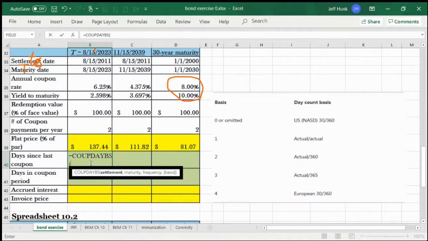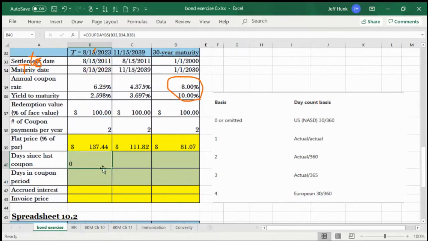So then all you need to do is enter the settlement date. It's prompting you already, maturity date. And then frequency here too, right? Enter.